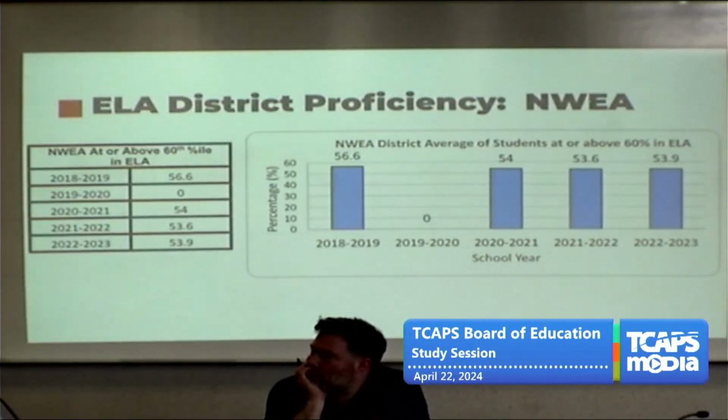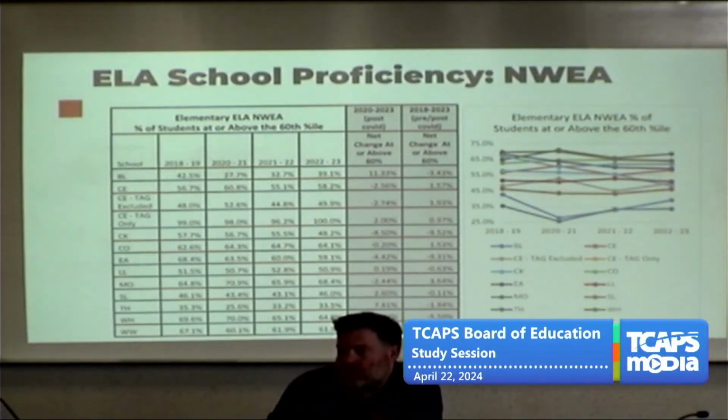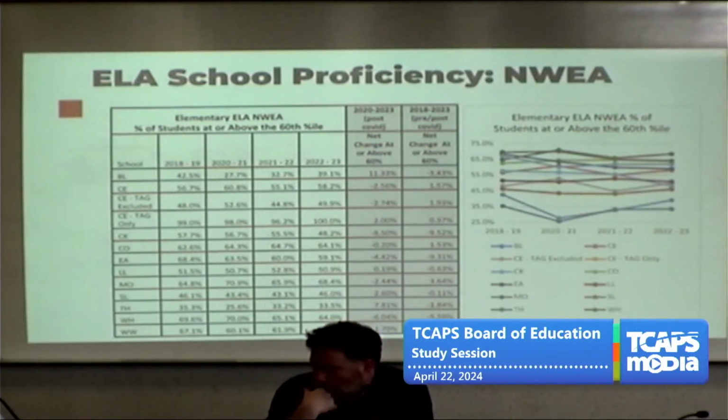Our hope is that it would go up significantly over the past couple of years, and it's not making the growth that we would hope, given where we were prior to COVID. As we're looking at all of this data, we may be making growth, but overall, we're not back where we were prior to COVID. So as a district, what are we doing about it? What are our next steps in our action plans to help continue to boost those scores?